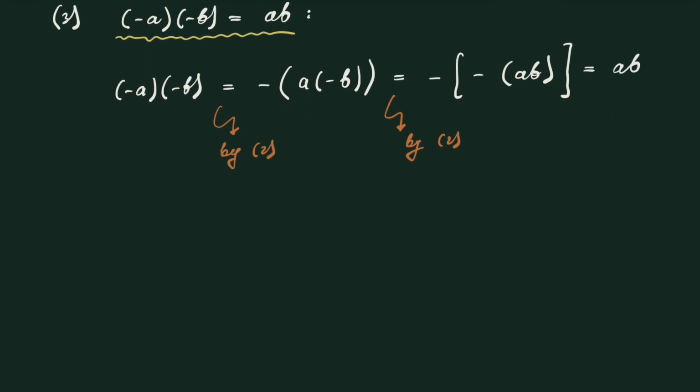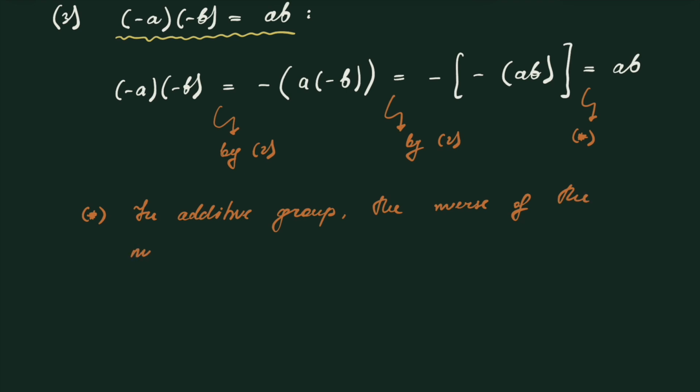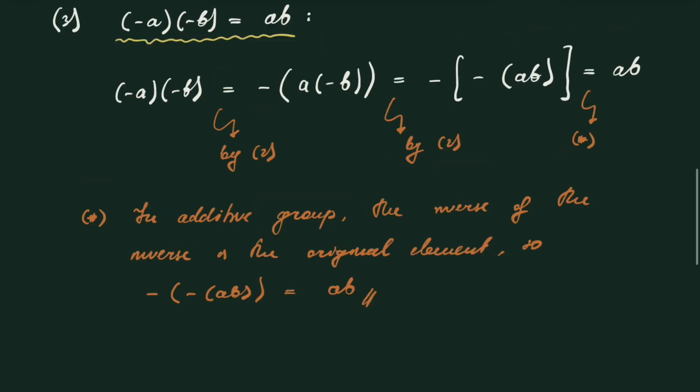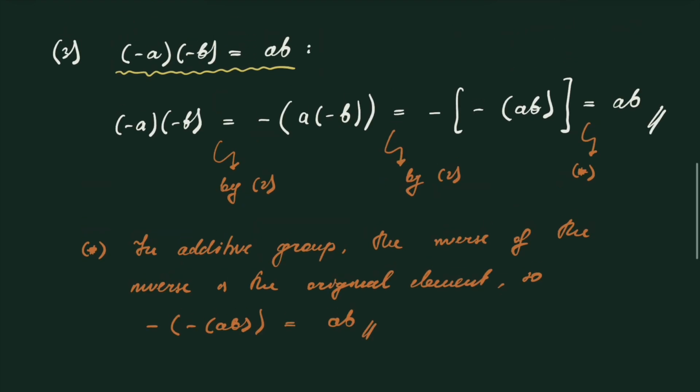And this is because, let me write the star here, and star stands for the following fact. In an additive group, which R is, the inverse of the inverse is the original element. So minus times minus AB is nothing more than AB. Okay, that's why our identity here holds as well.